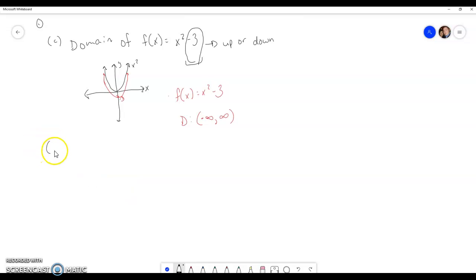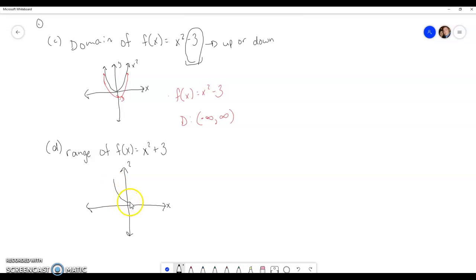Now, if we look at D, they want the range of f of x equals x squared plus 3, okay? Again, that means our parent function is that x squared function, right?